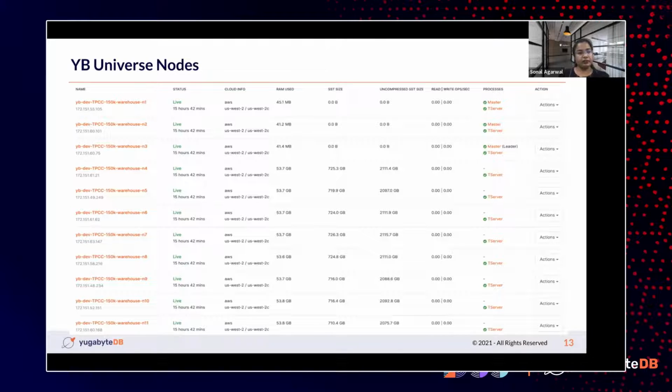This is just a few of the nodes that we are showing here. The rest of the nodes have the actual data, and we can also see the uncompressed SST file size. Along with that, when the operations are happening, we see the read and write throughput for each node in the read write ops per second column.